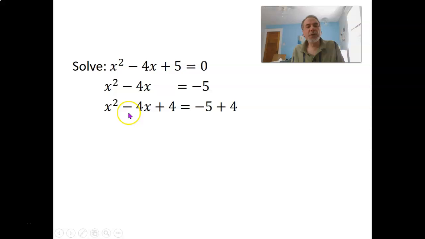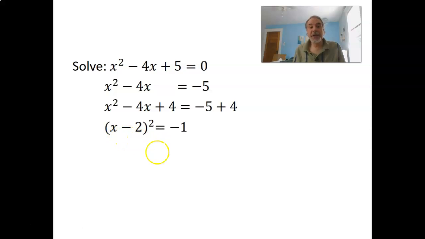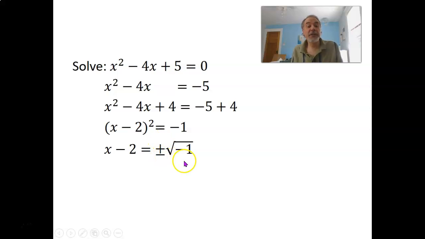And then this x squared minus 4x plus 4 is just something squared. It's x minus 2 squared. And the negative 5 plus 4 is negative 1. So now we got something squared equals a number, so the something, x minus 2, equals plus or minus the square root of the number.